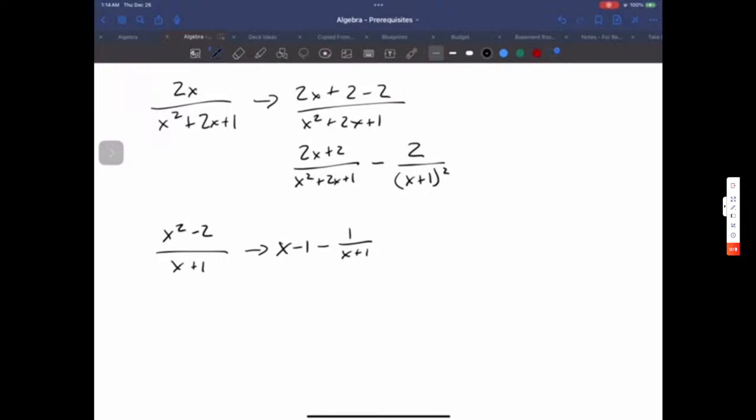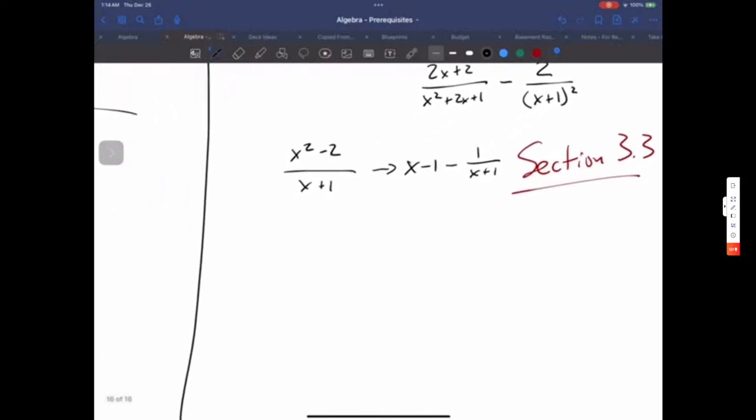That's why I don't remember going over it, where you have x plus 1 on the outside, and you do long division of x squared minus 2. I don't know that I want to go through that now, but you would do that. So you would do 1, and then you'll get x plus 1, and then you divide this out, and you get remainders and so on, and you have to work it out till you get to a specific thing. We'll refer to that in section 3.3. So don't worry about how we got there, but that's how he wrote it out.